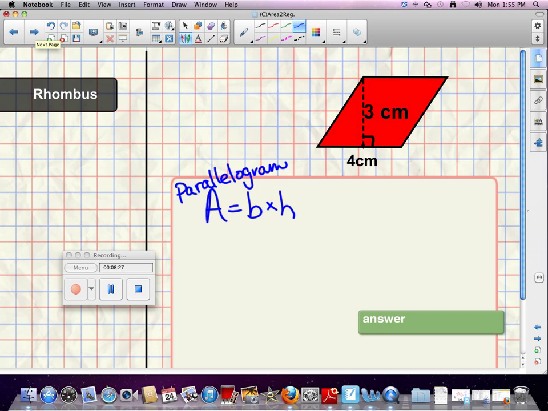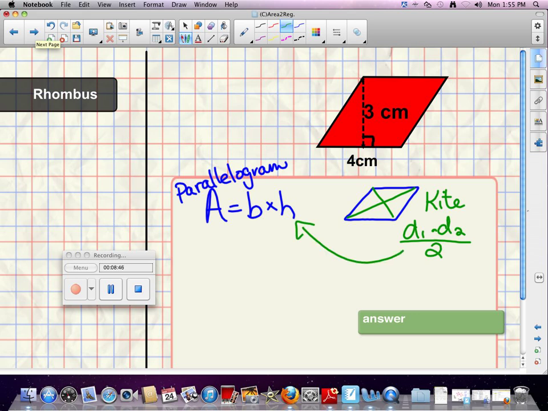However, if they don't give a base and a height, and in a rhombus they give the diagonals, then you could use the kite formula, which again was diagonal 1 times diagonal 2 divided by 2. For the sake of us, we are going to use the parallelogram formula for this, which is base times height. So in this case, it's just 3 times 4, which is 12 centimeters squared.